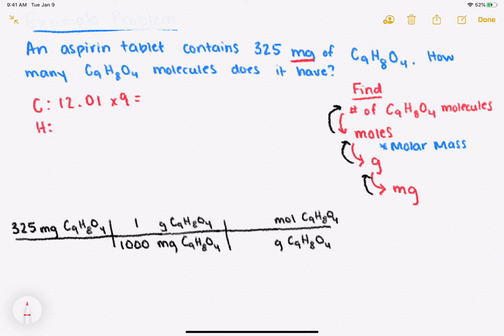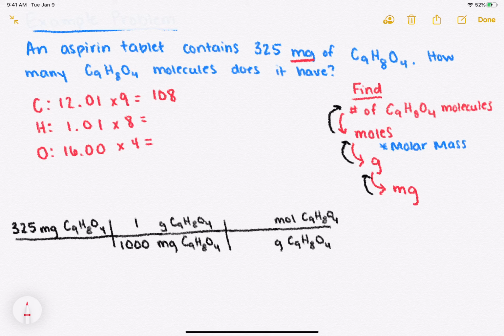For hydrogen, I'm going to just abbreviate this as 1.01. And there are 8 of them. Oxygen, we have 16.00, and there are 4 oxygen atoms in this molecule. So you can solve those on your own and fill them in.